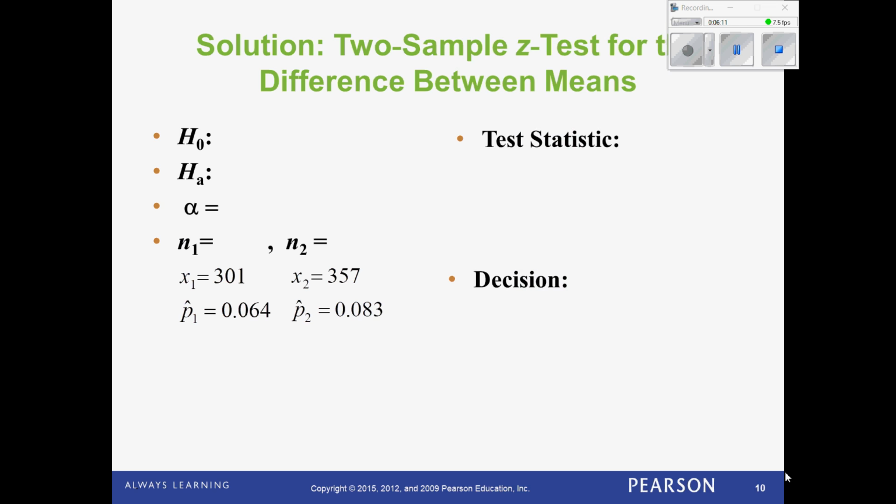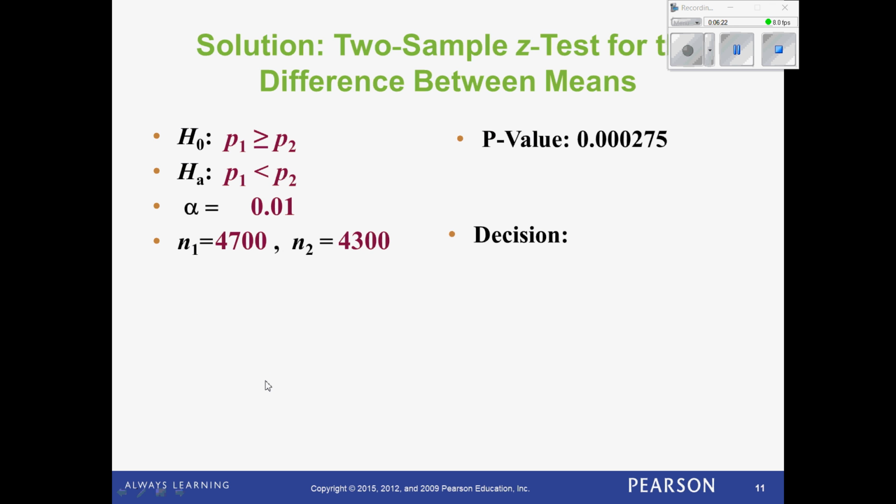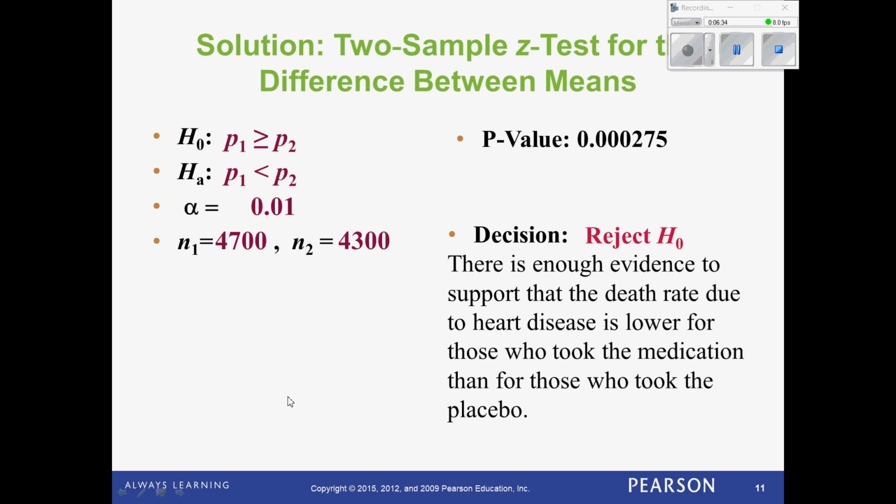It just depends on which one you're using, on whether or not you need x1 or you need p hat 1. We type this into our calculator or the computer, and you can see our p-value is very, very low. That means we reject H sub 0. So that means that p1 is definitely less than p2. So we say there is enough evidence to support that the death rate for heart disease is lower for those who took the medication.